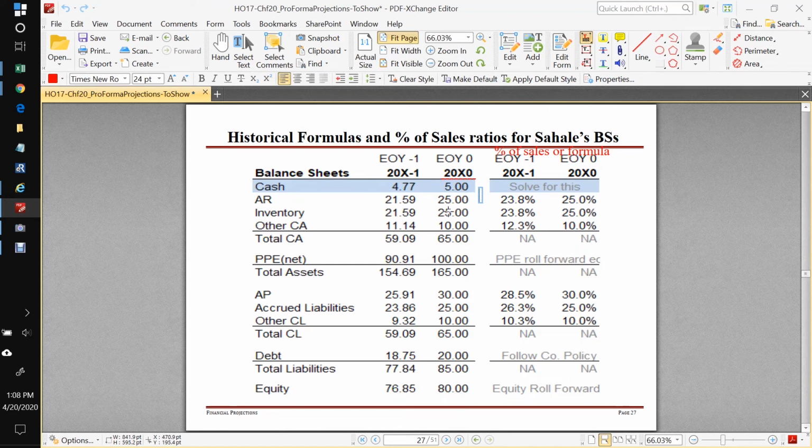Okay, so the 25% of sales here is equal to 25 over 100, and that's equal to AR at EOP Y0 divided by sales in Y0.